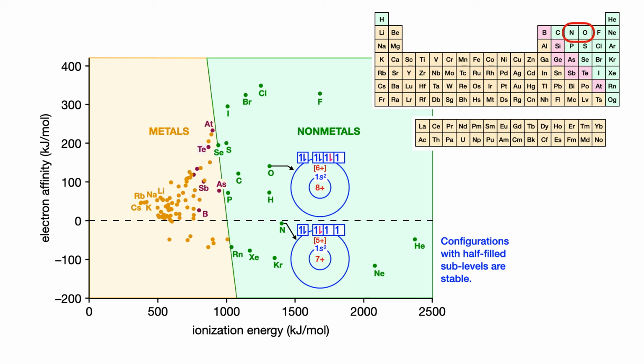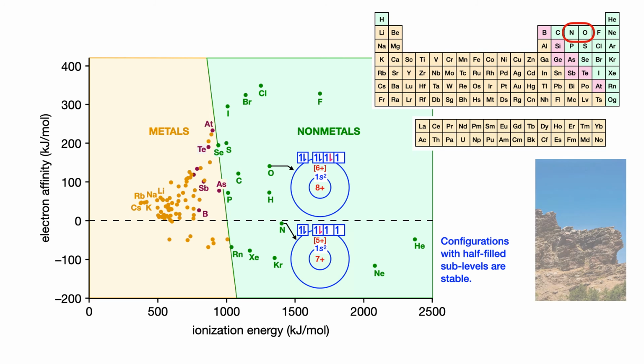This helps explain, in part, the distribution of nitrogen and oxygen on Earth. Oxygen has a much higher electron affinity. It has a much greater tendency to form ions than nitrogen does. Most of the oxygen on Earth is actually bound up in ionic compounds in the Earth's crust.